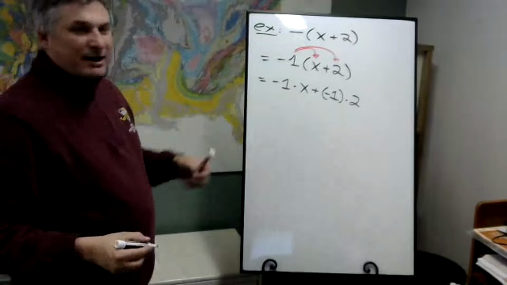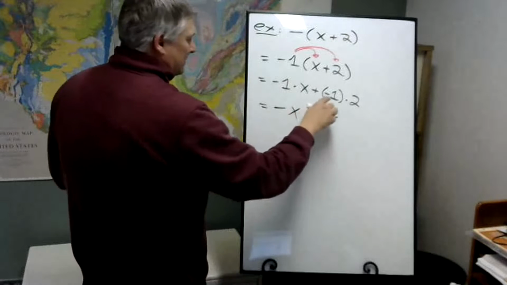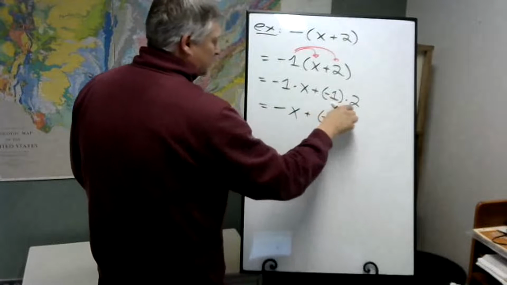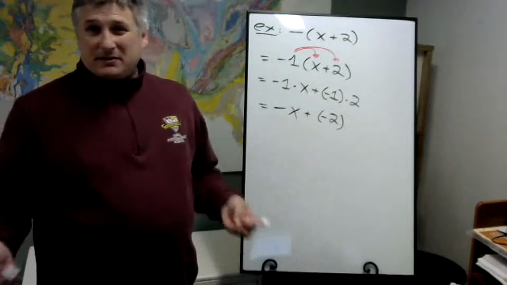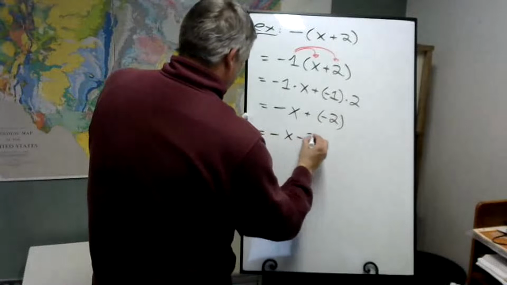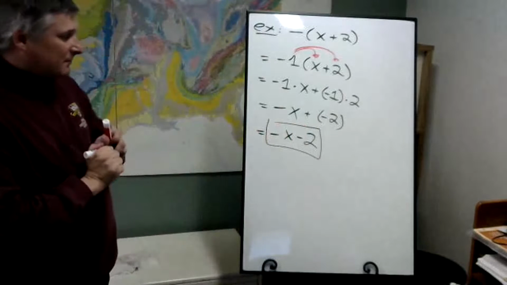And then minus 1 times x, again, we write that as minus x. And then plus minus 2, negative times positive is negative. And then adding a negative is the same as subtraction. So we get our answer.